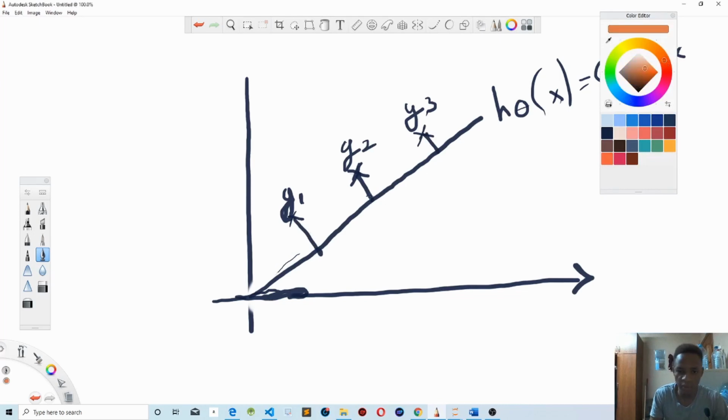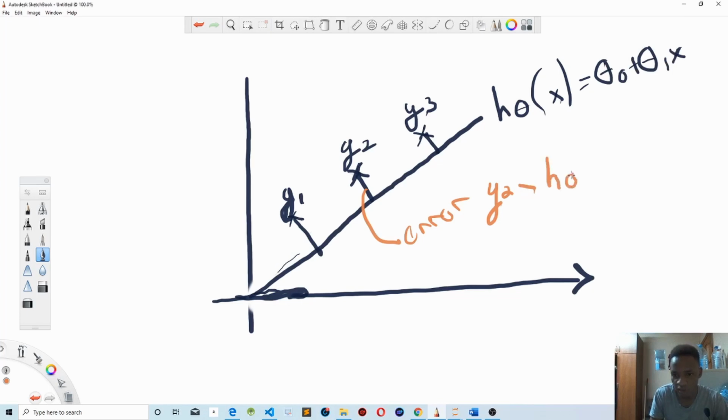to calculate the error made by our hypothesis in this case, we subtract y2 from what the hypothesis predicted, h theta of x.